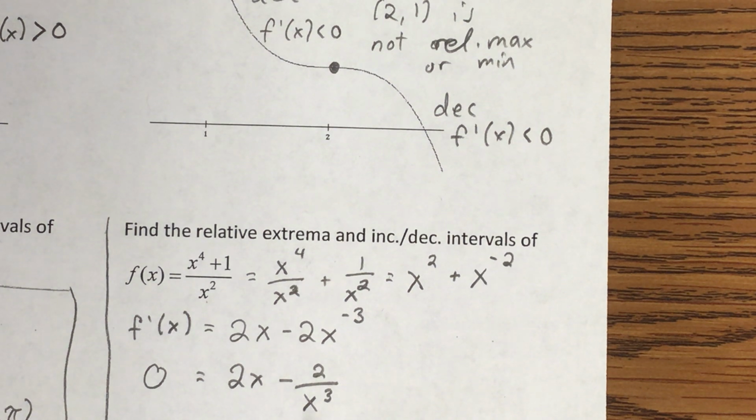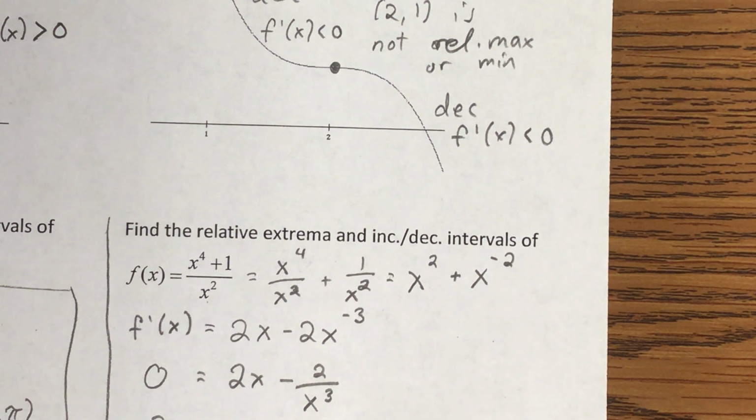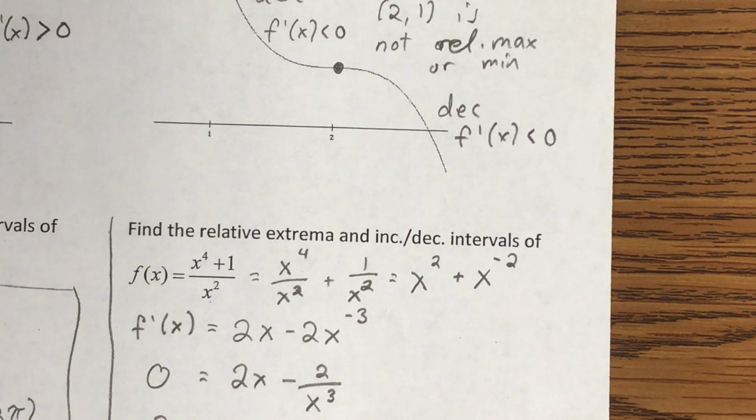Then we are going to add 2 over x to the 3rd power to both sides. So we get 2 over x cubed equals 2x. We want all the x's not in denominators. So 2 equals 2x to the 4th power, and then divide by 2, 1 equals x to the 4th. X would equal positive or negative 1.